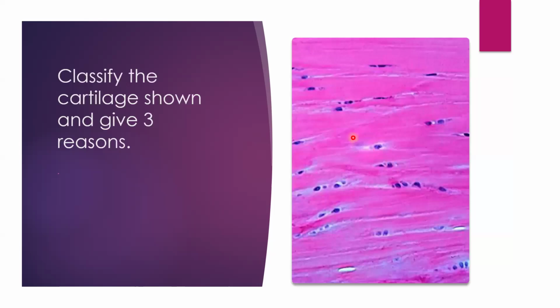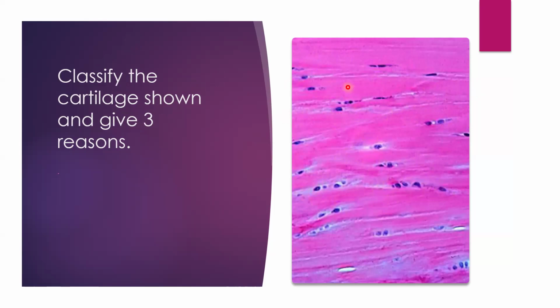Another question: classify the cartilage shown and give 3 reasons. So at this point, you can appreciate the cells. They are less cellular, so you can appreciate the less cellularity of this cartilage. Then you can also appreciate the regularity of the fibers. In addition to that, you can appreciate the cells in lacunae, the chondrocytes.